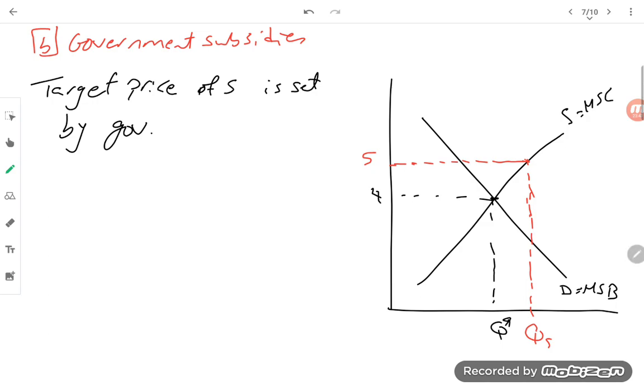And the quantity demanded for this commodity at this price level, if there is no increase in subsidies, will be at point C. So there is a welfare loss or loss in benefit equivalent to AEC.